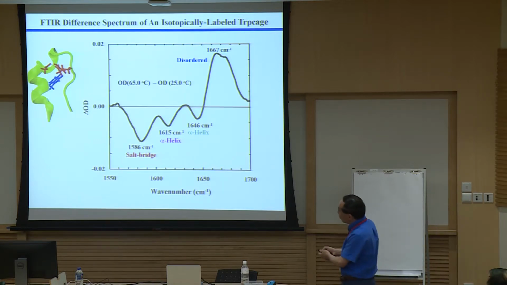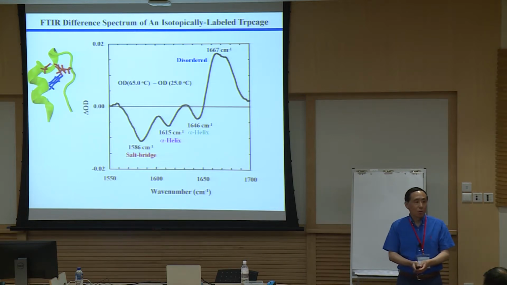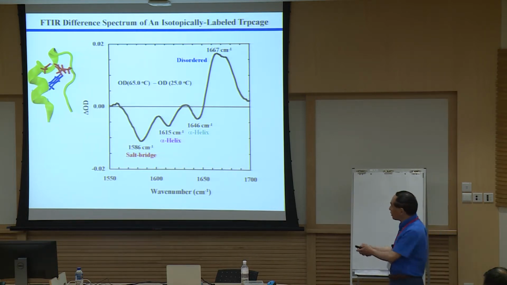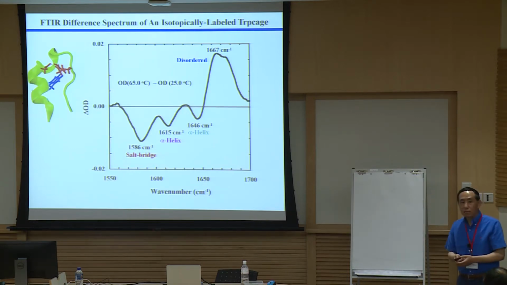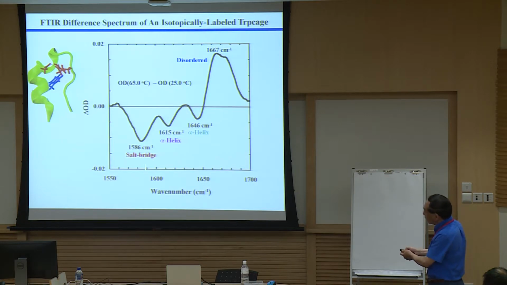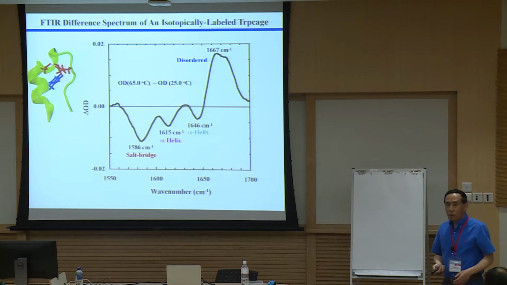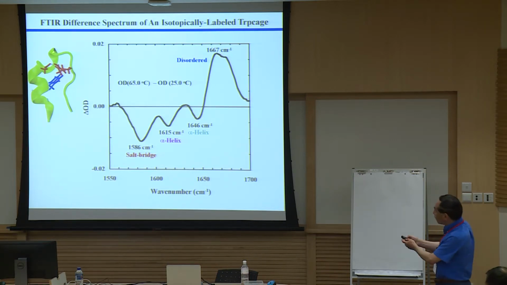So what we did, to utilize all the information we can gather, is selectively put isotope labels onto this helix or other parts of the protein. Here is an example. These are different FTIR spectra showing that now you can look at the salt bridge Dongping mentioned, and selectively detect the alpha helix, the labeled region and non-labeled region, and the disordered part.